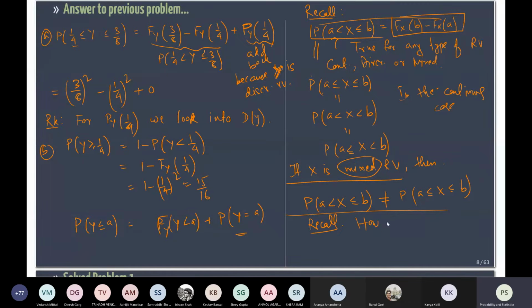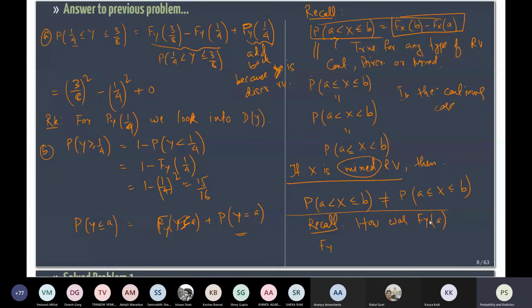How was Fy defined? That is the important thing here. Was it defined as less than or less than or equal to? Actually it was less than or equal to, so we may have to change a few things here.